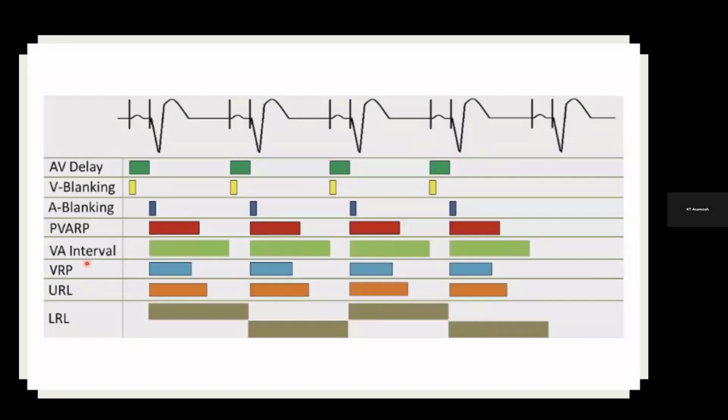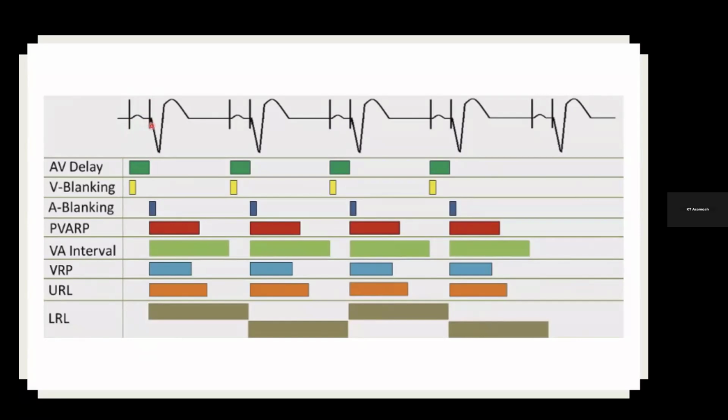So to summarize, I know there's been a lot of technical terms and times that sounded very confusing, but just to go over it: atrium paces, AV interval or AV delay starts, ventricle paces.